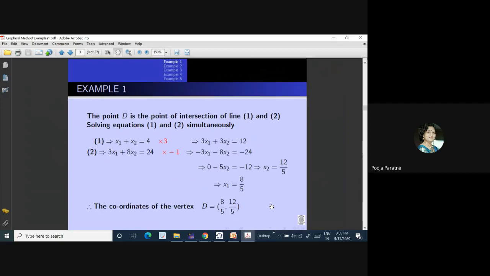Then next we will go to this point B. Actually here it should be B. Point B is the point of intersection of line 1 and 2, right?